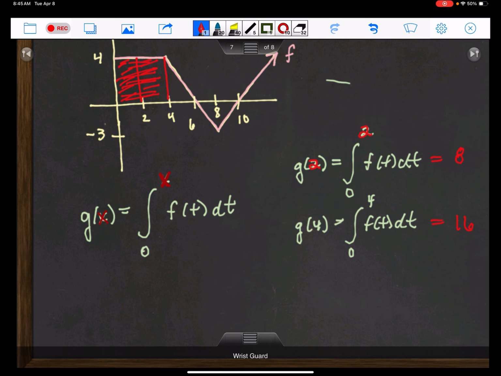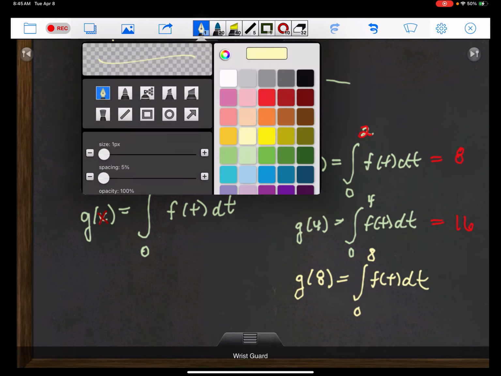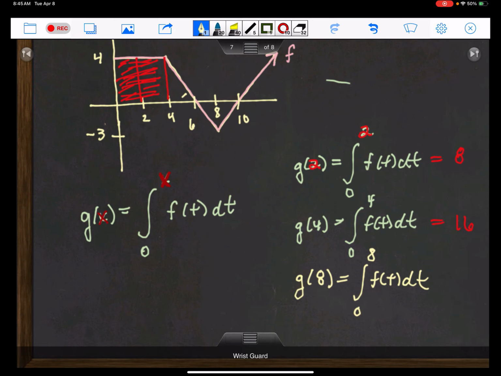Then we could keep going. If we did, let's say, g of 8, let's do one more. G of 8 is the integral from 0 up to 8 of f of t dt. So notice we pick up, we had the 16, and we pick up this piece right here. So on the top here from 6, we picked up another 2, 8, so that's 4.